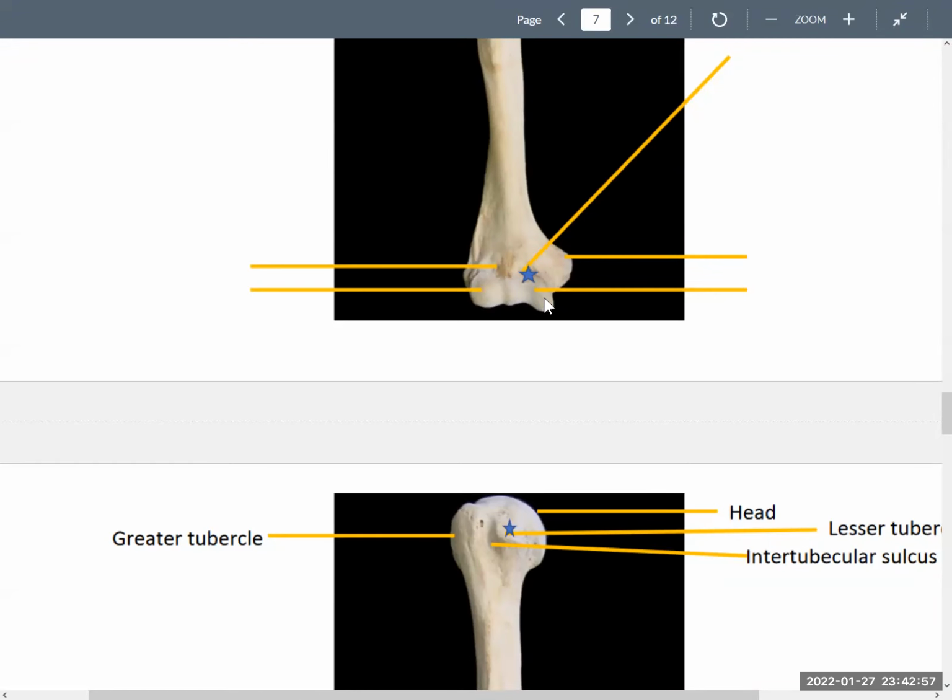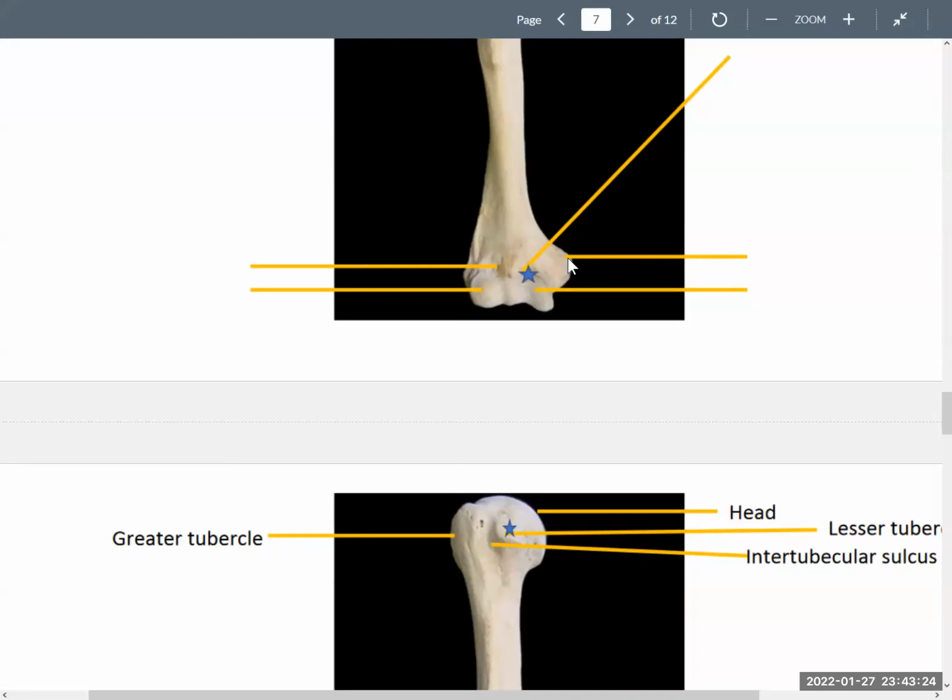This is the trochlea, and above it, the coronoid fossa. This structure here. Medial epicondyle.